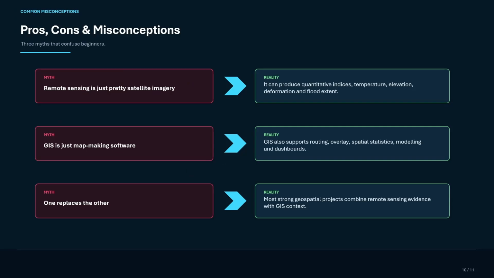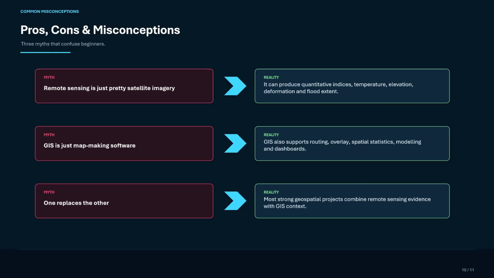Let us correct three common misconceptions. First, remote sensing is not just pretty satellite imagery, it can produce quantitative information such as vegetation indices, land surface temperature, elevation, deformation, flood extent, and land cover classes. Second, GIS is not just map making software.